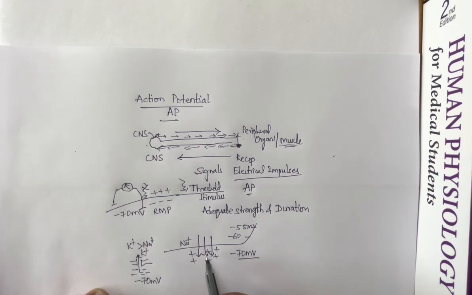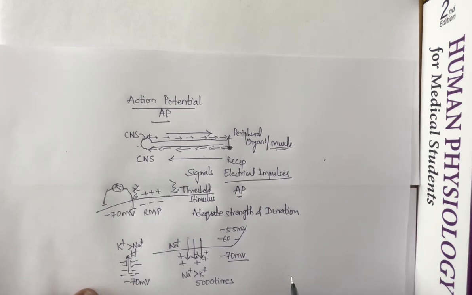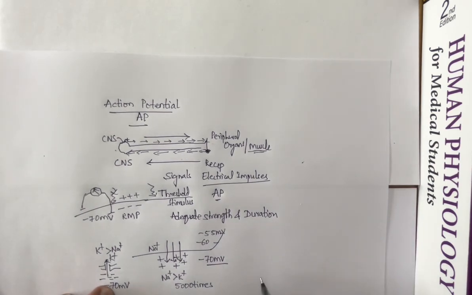Now with the electrical stimulus, the membrane permeability of the sodium will become more than that of the potassium, around 500 to 5000 times more permeability for the sodium when threshold stimulus is applied. So what happens? The membrane potential from its resting state, minus 70 millivolt, moves to the positive side, that is it becomes minus 55 millivolt because of the entry of sodium ions through the sodium leaky channels.